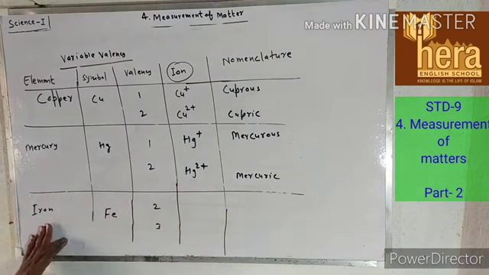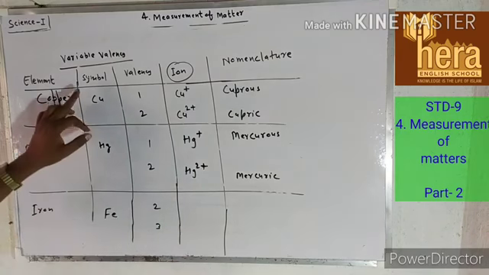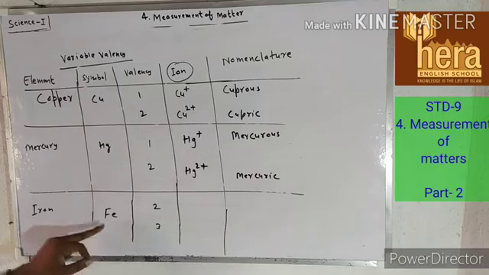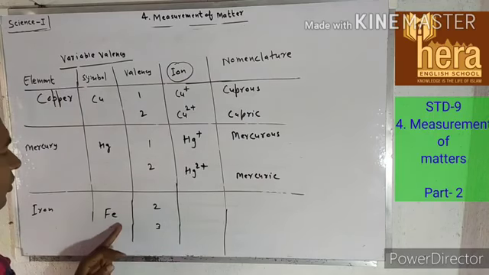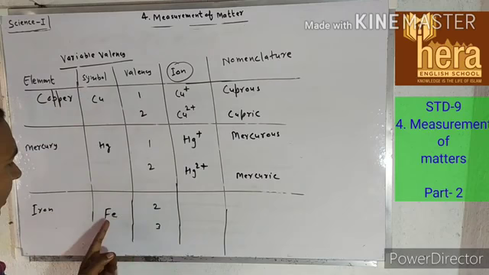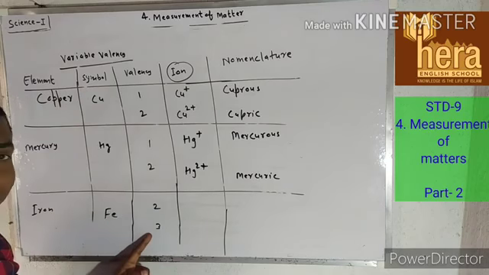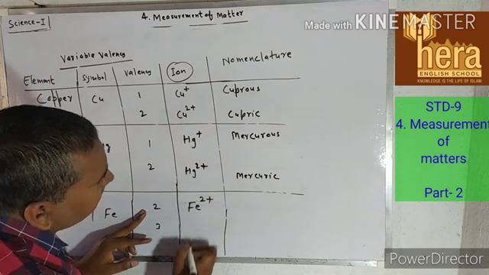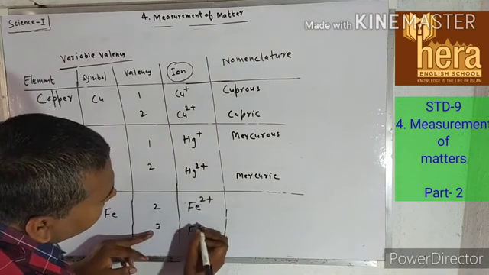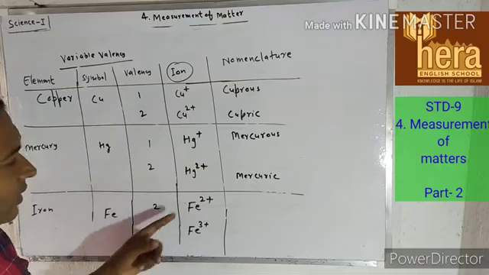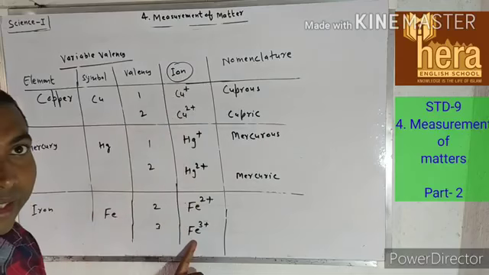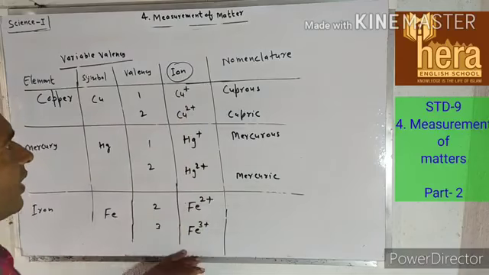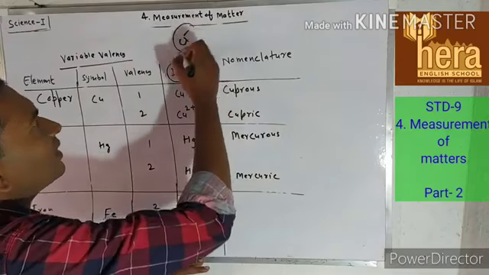Similarly, iron, symbol Fe, has variable valency. Iron has 2 valency and 3 valency. These are called Fe2 plus and Fe3 plus. These are all cations. If I write Cl minus, this is an example of an anion.